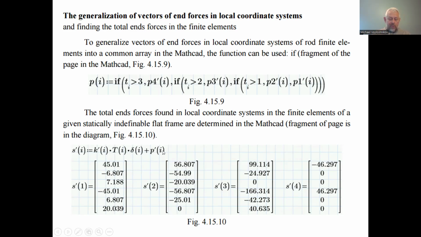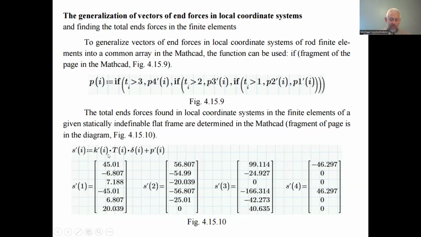And this is how the external distributed force acts, as a summand, on the forces acting in each finite element. Under the displacement, the effort could be a longitudinal force or a transverse force, or the bending moment acting at the beginning or at the end of the element.